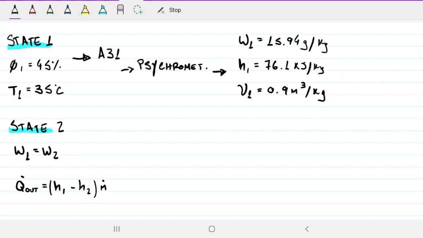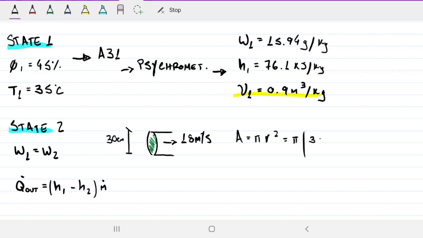We just grabbed the specific volume. We know the velocity and the area, right? We know this duct has a diameter of 30 centimeters, and it's coming in at 18 meters per second. So we can calculate the area first.